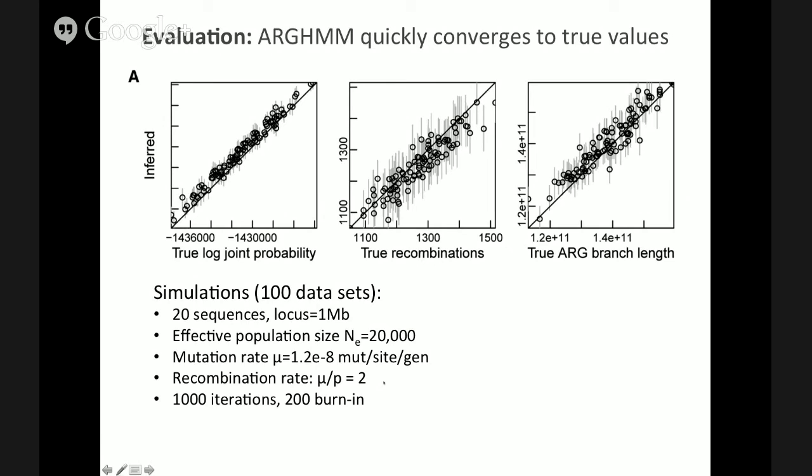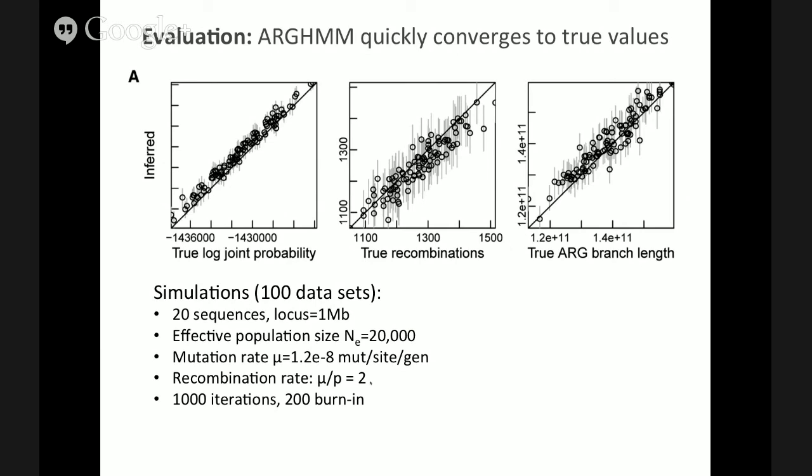One of the most interesting parameter settings to look at was the ratio of mutation rate to recombination rate. The higher that ratio is, the easier the problem is. The more mutations you have, the more information you have about what the ARG looks like. The closer that gets to 1 or below 1, the tougher the problem becomes. At some point, you really have very little information to recover the ARG.